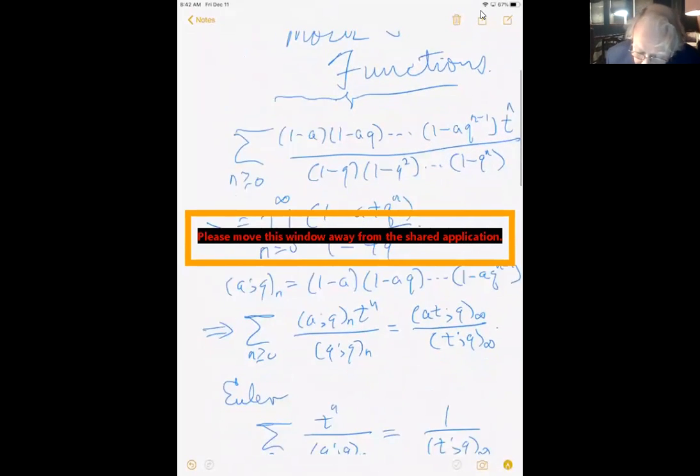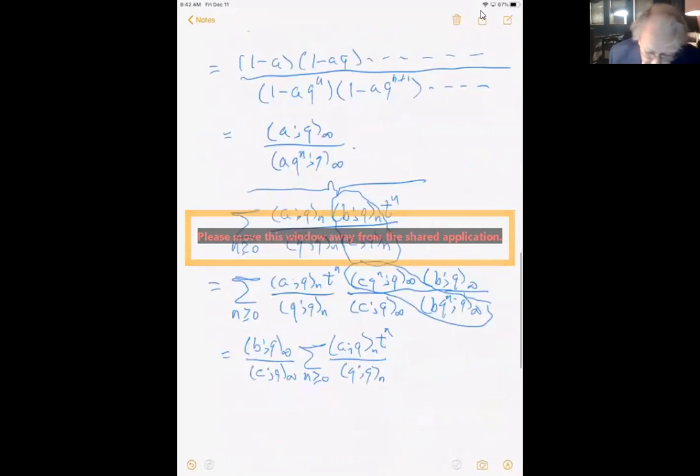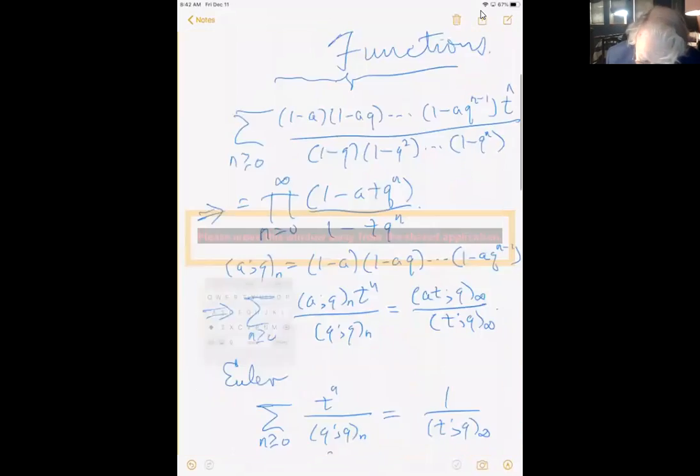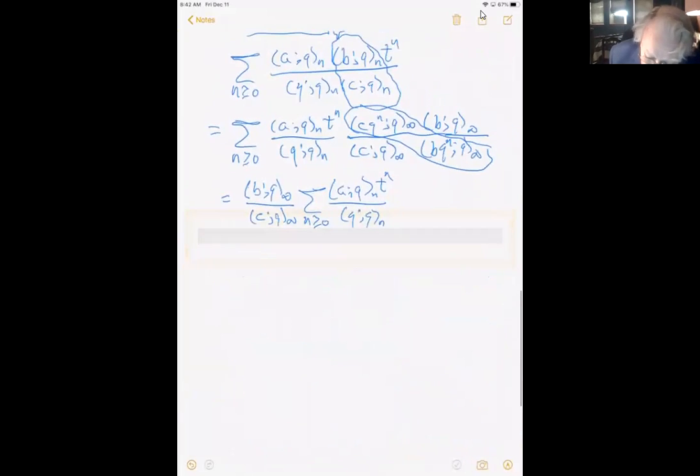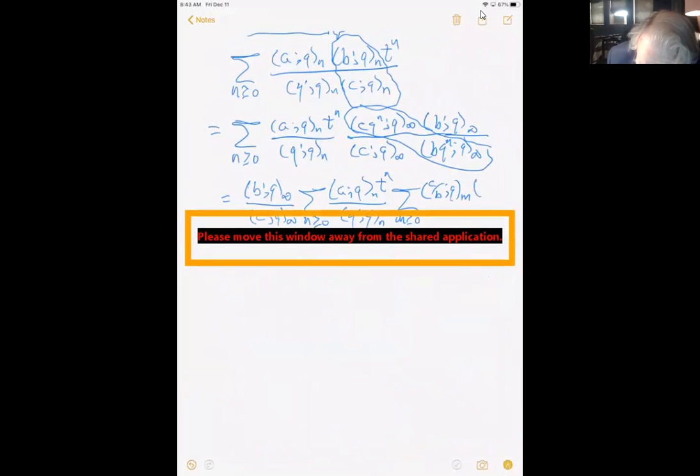Since it's two infinite products, you can choose the variables a and t so that the infinite product becomes the infinite series, and the infinite series becomes summation m greater than or equal to 0 of c over b, q sub m, (bq^n)^m divided by q sub m.